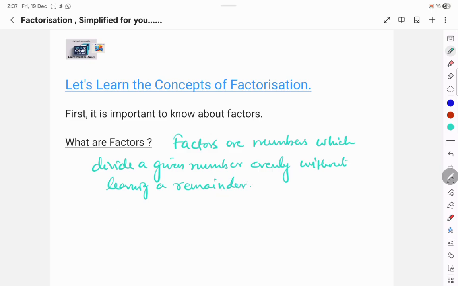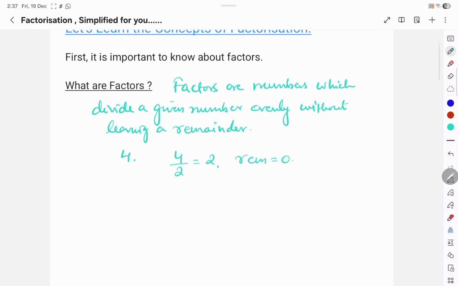That means, suppose we have a number 4. Now if I divide 4 by 2, I get 2 and the remainder is 0. Suppose I take 6. Now 6 can be divided by 2, we'll get 3 and again the remainder is 0.